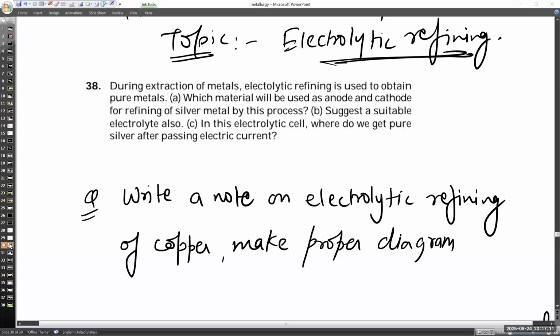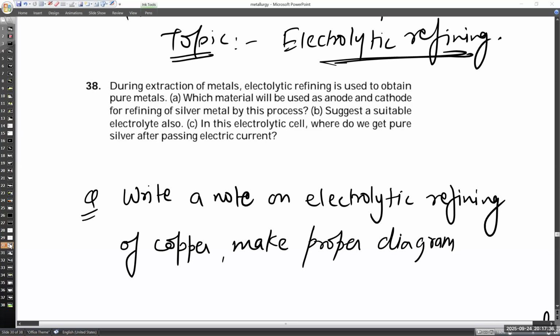Suggest a suitable electrolyte for silver. So dilute hydrochloric acid? No. For silver, silver nitrate we will take. If you are refining silver, we take a silver salt, silver nitrate or silver sulfate, like we were having copper sulfate.